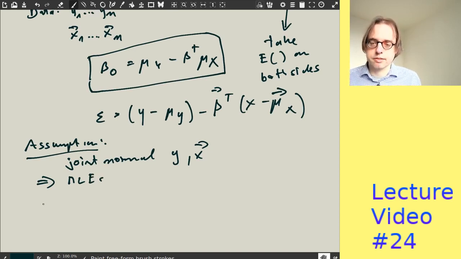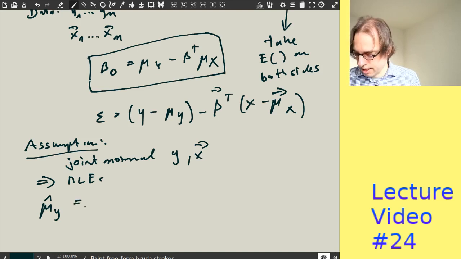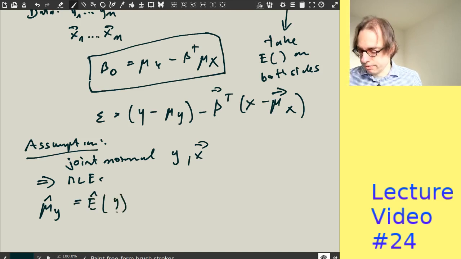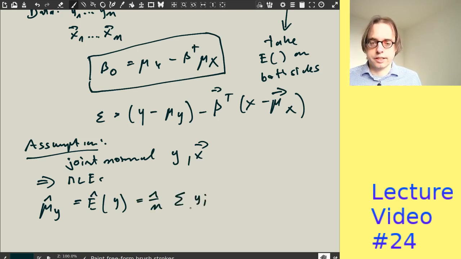Namely, for the estimator of the mean of y, we get simply the empirical mean of y, which is the average, of course, so it's 1 over n times the sum of yi, with i going from 1 to n.